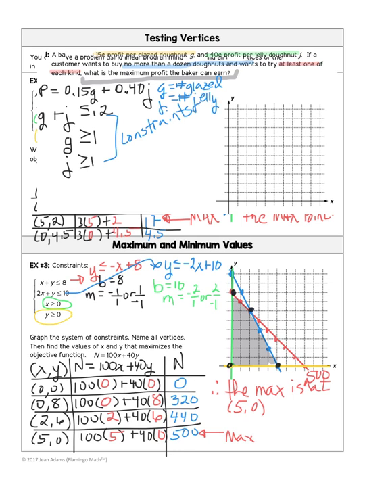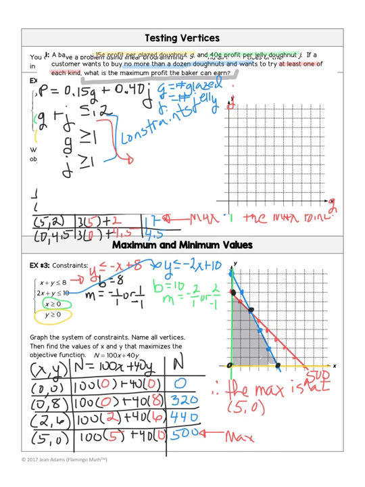Okay, so let's go ahead and graph these. So the only one that we really have to solve is this one. And since we don't have an x and a y, you have to figure out what's going to be x and y. So make a choice. Let's let G be our x and J be our y.